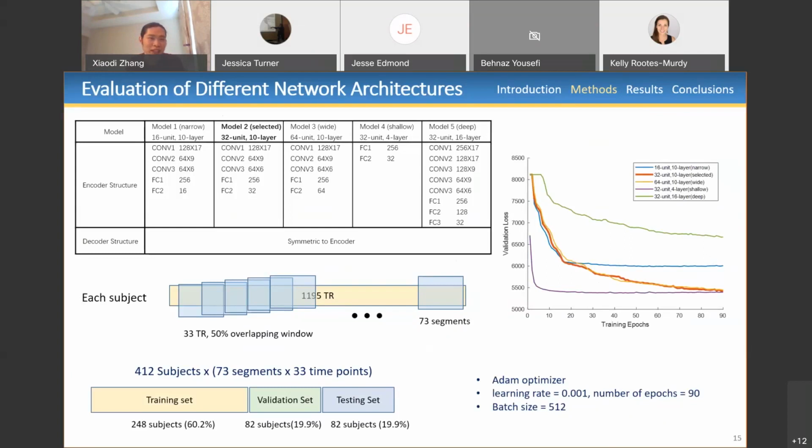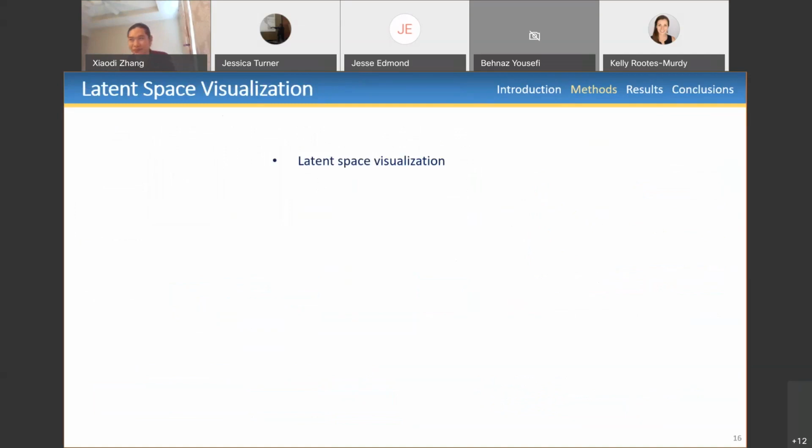We ended up choosing model 2, not only based on the validation loss itself, but we also evaluated some features in the latent space to make that decision. I can come to that later if I have time in the end. So let's say we have trained our neural network.